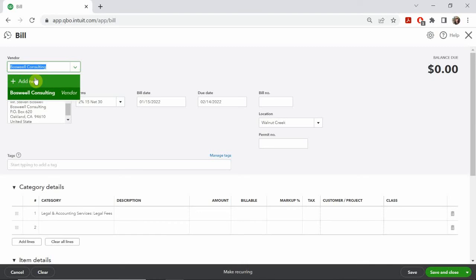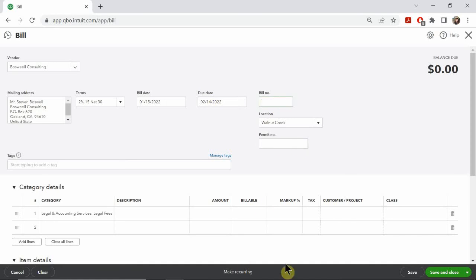You're trying to get this bill in and be done with the transaction. So in this case, you can quick add a vendor if you do not have one. Okay. So therefore, it should be due on February 14, 30 days.